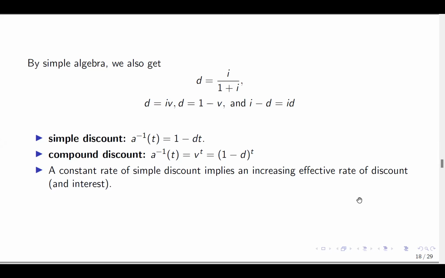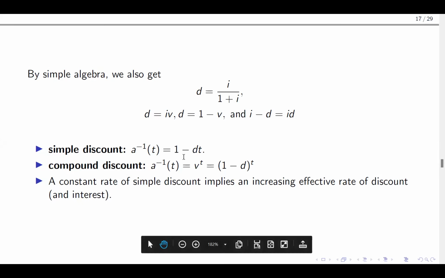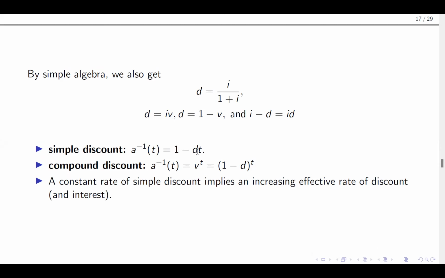So at this point, we have simple discount being given as 1 minus dt. And then the compound discount is given as 1 minus d all to the power t.